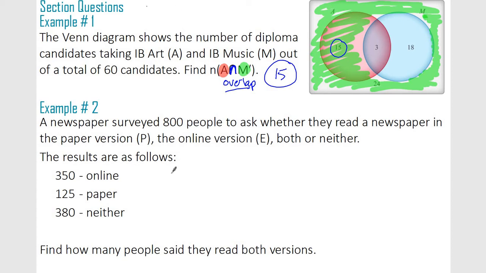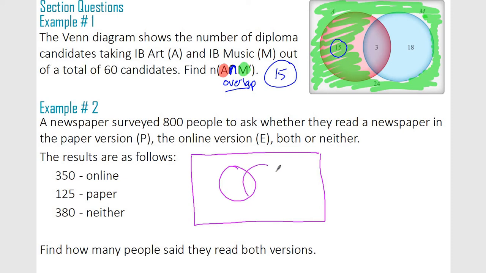Okay, now for example 2, we've got this set up for paper version, online version, or neither, for a newspaper survey. So I'm going to go ahead and draw my rectangle. So you can tell that it has both or neither. So that means the circles are going to overlap because of the word both. So we have paper and online.